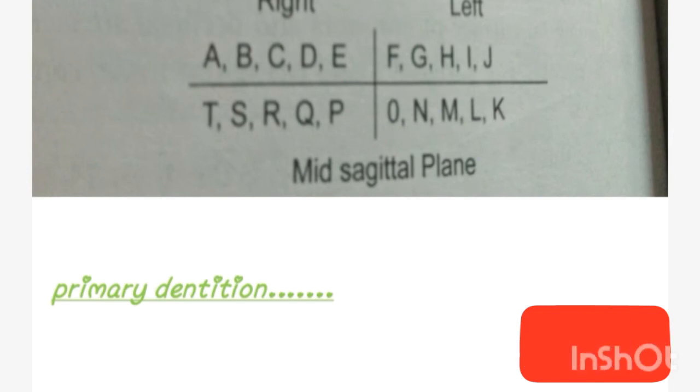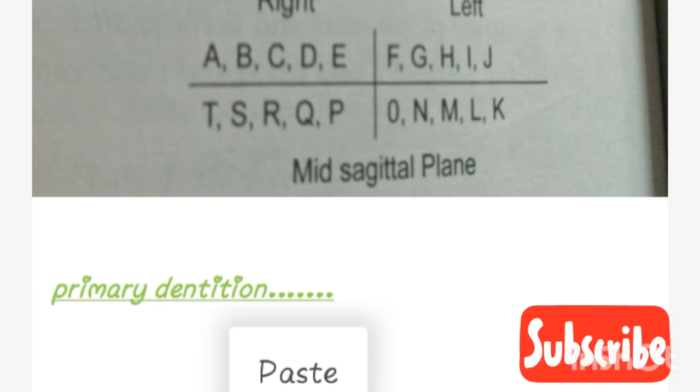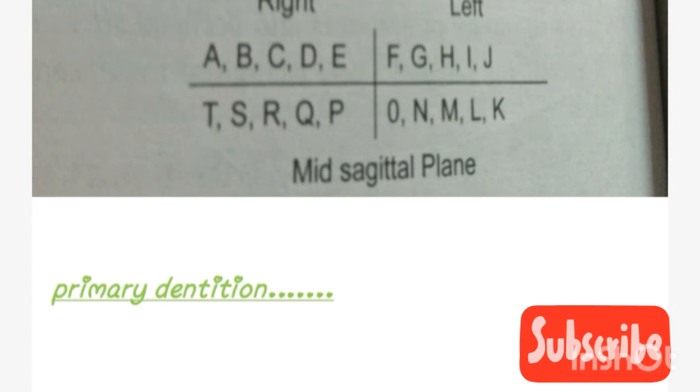For getting extra marks, you have to know the advantages and disadvantages. Just listen carefully. The advantages of the universal tooth numbering system: the notation system is simple.